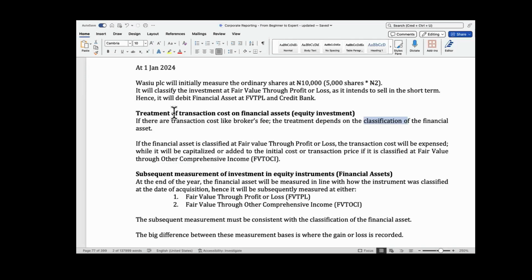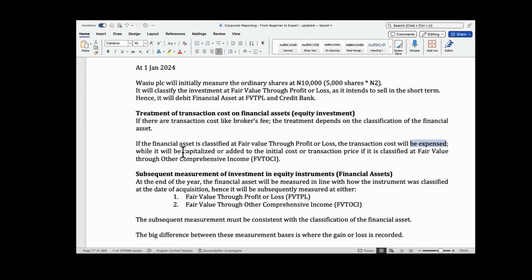So the standard says that if the financial asset is classified at fair value through profit or loss, the transaction cost will be expensed. And I'm sure by now you should know what expense means. It means it will be transferred or treated in P&L. You will take it as an expense to P&L.